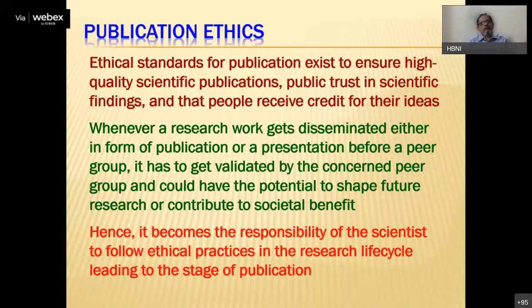So whenever a research work gets disseminated, either in the form of a publication or in the form of a presentation before a peer group, it has to get validated by the concerned peer group, and this could have the potential to shape future research in that area or even contribute to societal benefit.